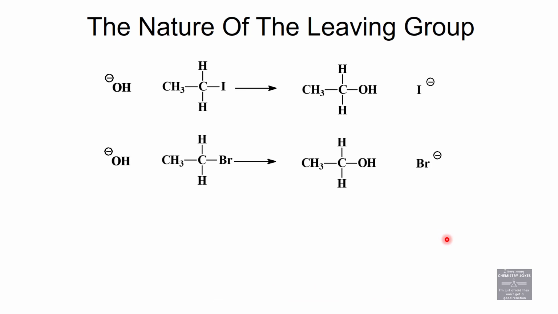Are some halogens better leaving groups than others? Yeah. This is an I. This is a Br. Reacting with the same nucleophile, I minus versus Br minus. The weaker base is I minus because HI is a stronger acid than HBr.